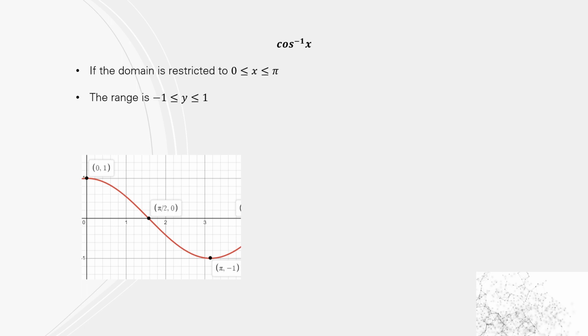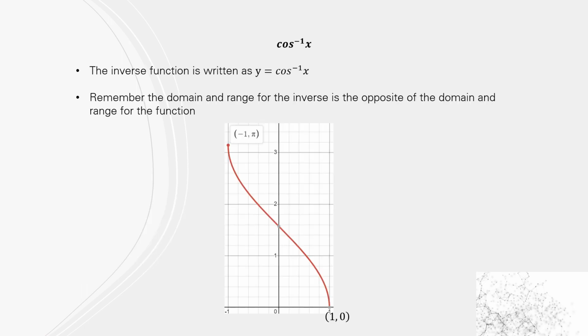Then we're going to reflect this in the line y equals x, and we'll also change the domain and range, so we'll flip them over to get the inverse. So here's our inverse function. You can see the curve has been changed. It's now a cos curve up the y-axis.